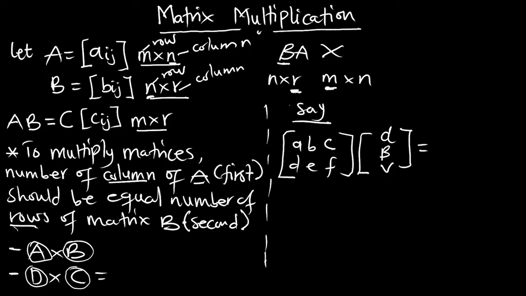The first one has an order of 2 by 3, and this has 3 by 1. The number of columns of the first one is equal to the number of rows of the second one, meaning multiplication is possible. After the multiplication, the size of the answer should be what is left, 2 and 1, meaning the answer is going to be a 2 by 1 matrix.